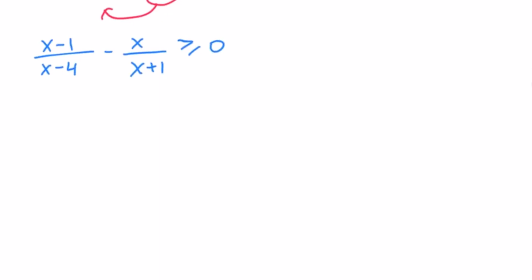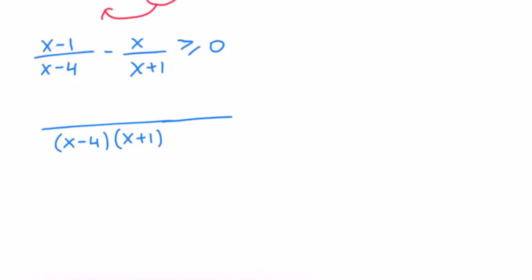We need a common denominator. So the common denominator is the combination of different groups on the bottom. So we have the group x minus 4 and we have the group x plus 1. So for the first fraction here, we are missing x plus 1 on the denominator.